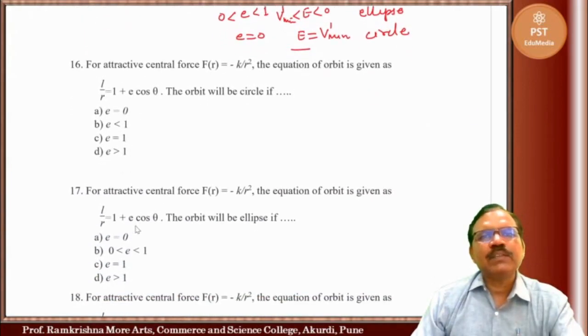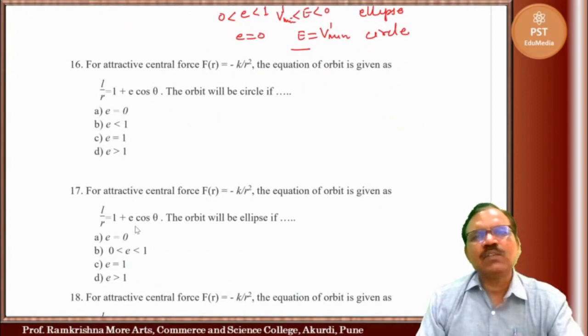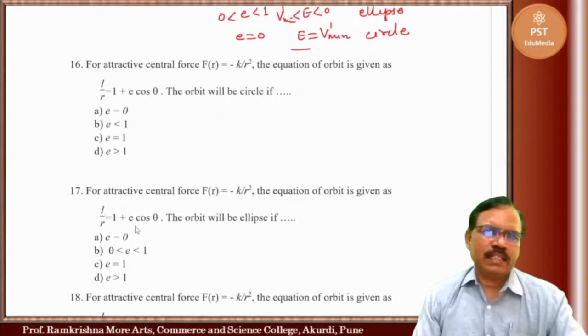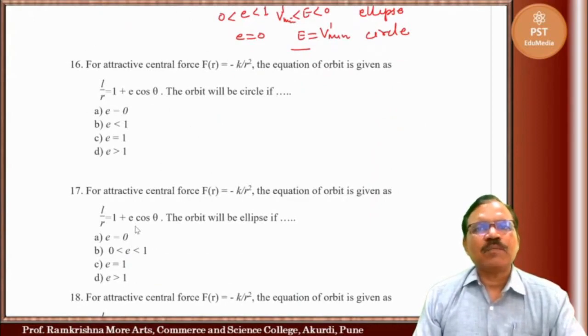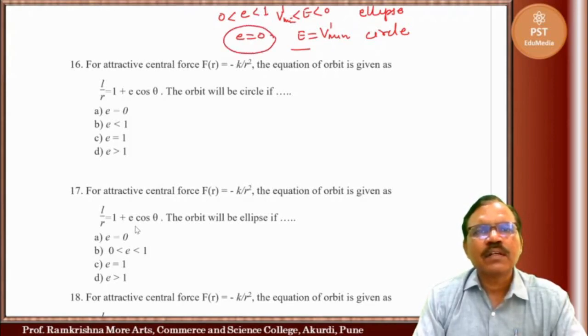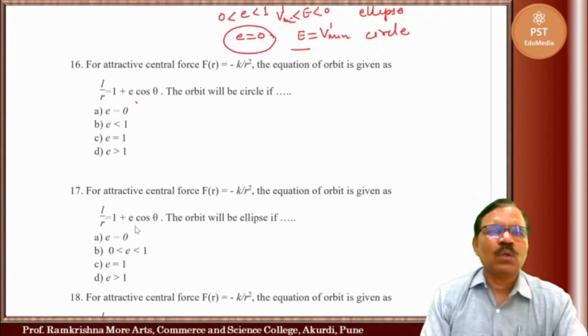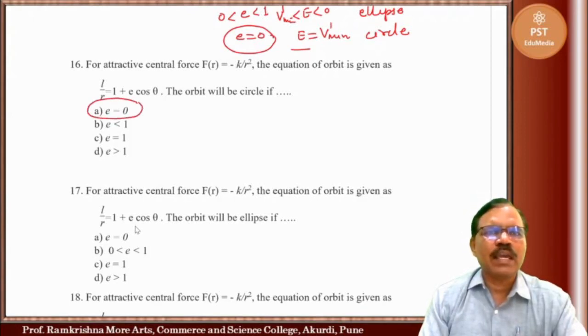For the same force, the orbit will be a circle if e equal to 0. So e equal to 0, A is correct.